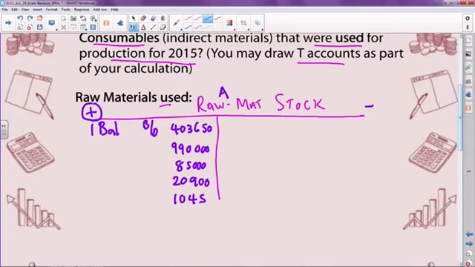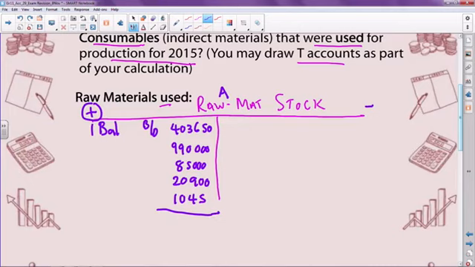Welcome back, guys. Right, let's continue with this calculation, raw materials used. Remember, I've mentioned this already, I've calculated the value of raw materials available. In other words, if I add up the amounts that I've just entered on the debit side, that gives me the total value available.